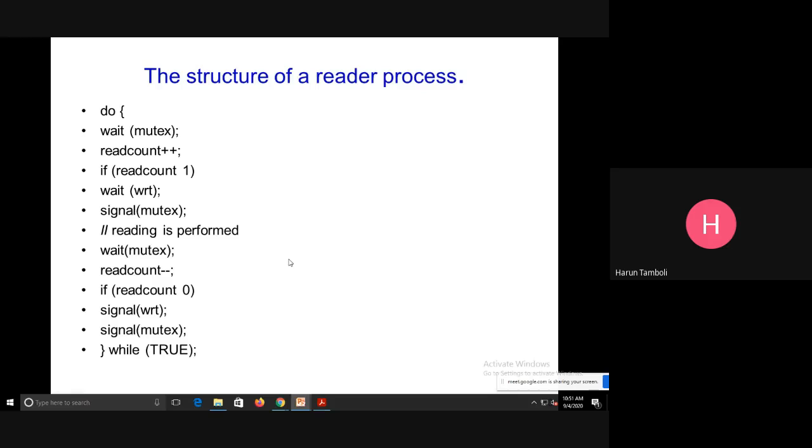Then it checks if the read count is 1, then it performs a wait operation on the write variable. Afterwards, it performs the signal operation on mutex, and after that it performs the reading operation. After reading, again it performs wait on mutex, then the read count is decremented. If the read count is 0, again it performs the signal operation on write, and then it performs the signal operation on mutex.